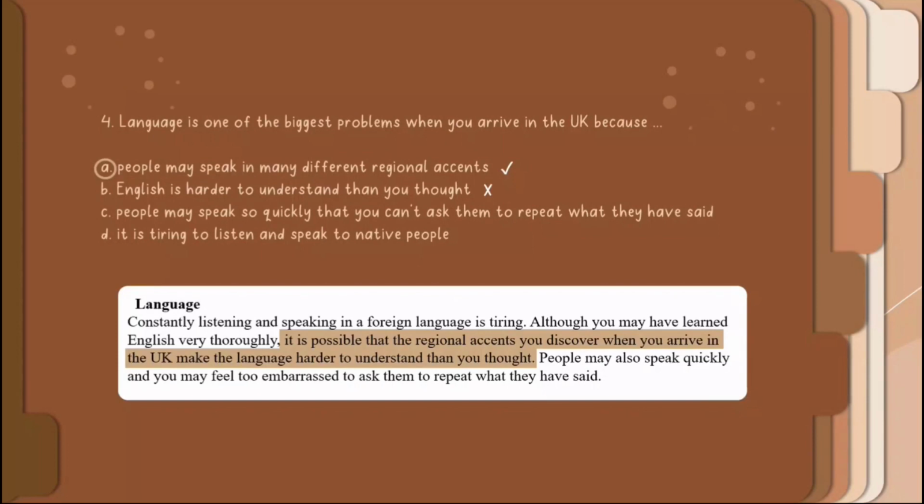And B is incorrect, obviously, so we put an X. And for D, too, so that's why it's an X. And for C, at first, you might think it's the answer, so you put an O because you're not sure. But if you recheck that, you can see in this sentence, people may also speak quickly and you might feel too embarrassed to ask them to repeat what they have said. So that's why it's the correct answer and it is changed into an X.